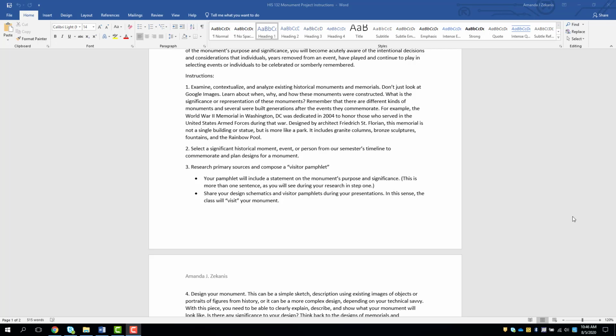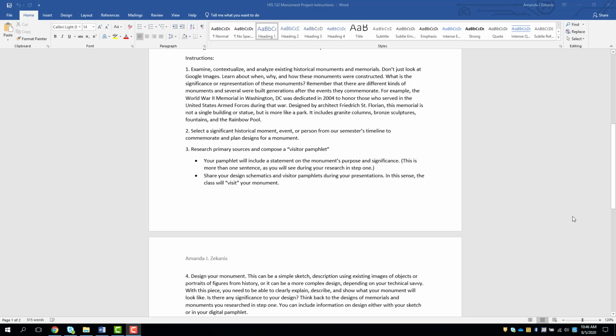So the first step is going to be looking at existing monuments and memorials. I'm not really going to give you a set number, but I would strongly suggest you look at at least 3. And I would look at different types of monuments, different events or different people, to give you a more comprehensive idea of the purpose of a lot of these monuments.